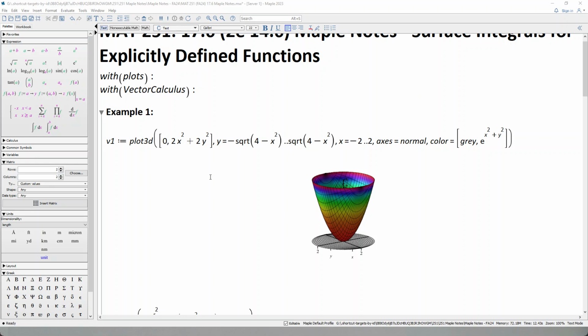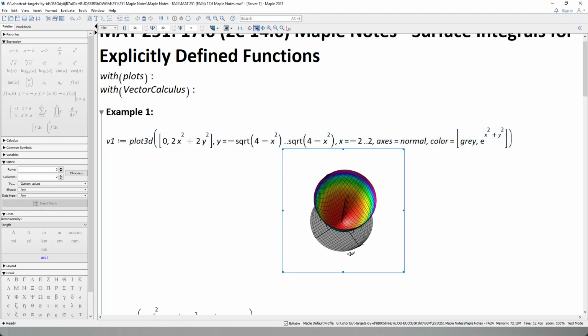There it is. I used plot3d, so it's z equals 2x squared plus 2y squared, and because I'm using plot3d, it assumes z equals. And then I also wanted z equals 0 for that same piece. You can see the shadow that surface is casting onto the xy plane that we need to think about.